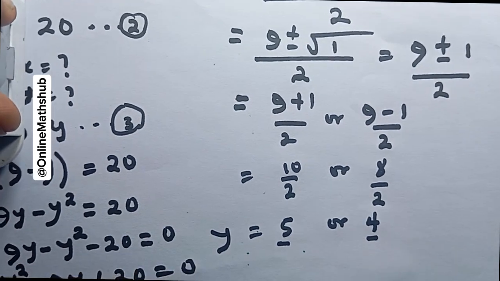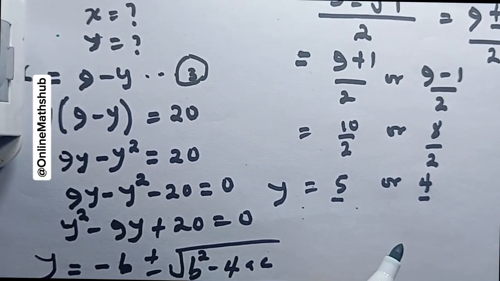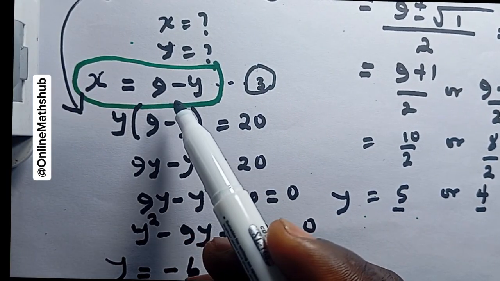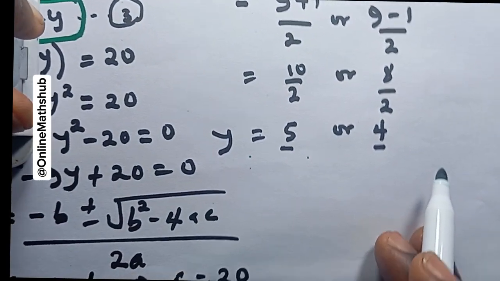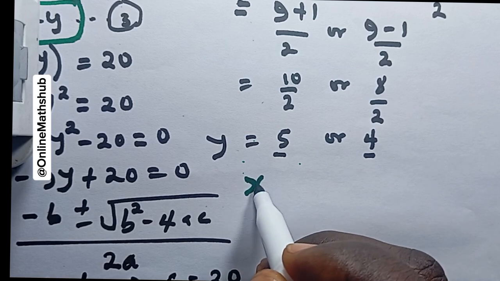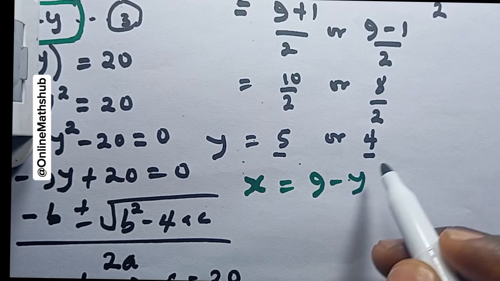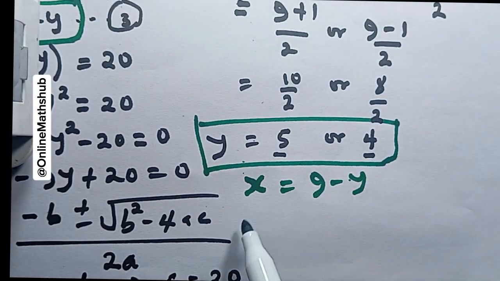Okay, so now that we've gotten our y, we can go to our equation 3, which of course we got here, x equal to 9 minus y. So if we put it right here, x equal to 9 minus y, that's the formula we are going to be using to get the value of x. So we just go ahead to replace.